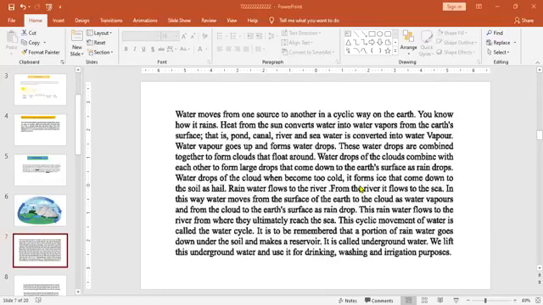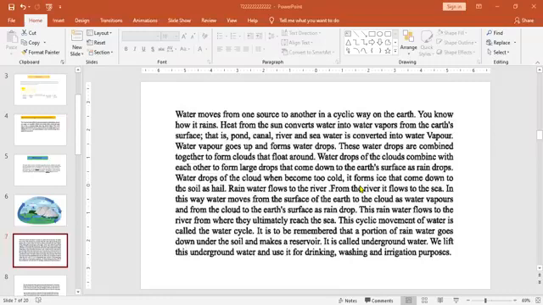Okay, that means with the help of sunlight, the heat from the sun, water is converted to water vapor from lakes and ponds. Okay, the water vapor condenses, then forms water drops, and water drops combine together and form large water drops. And a large water drop is very heavy.